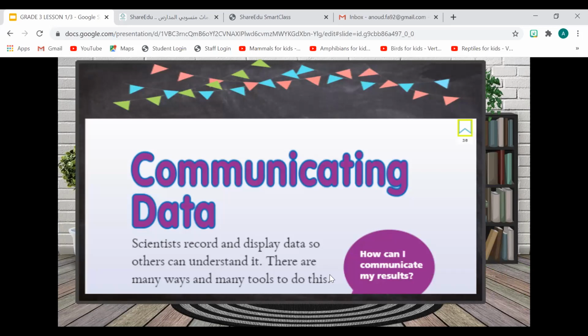For example, if you are observing an ant, you need to put your data on a paper so you can explain to others that I saw the face of the ant, maybe I saw her body, it has 4 legs, and what else would you see in an ant?